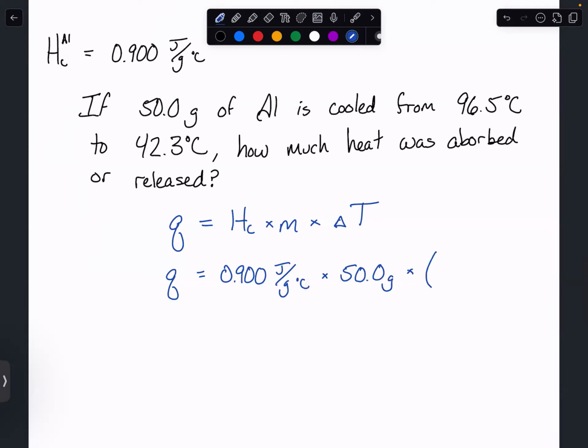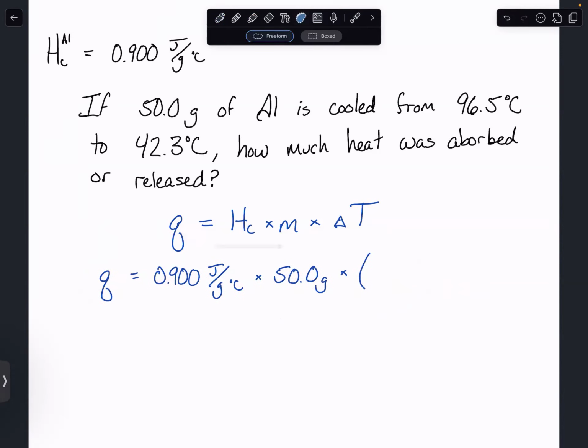And then we have this change in temperature. Do I need to convert my temperature to Kelvin? No, this isn't a gases problem, so we don't have to worry about that. And we can always check because our units are given to us here in our problem, in our specific heat capacity that we used. That's a gases thing. But we are going to take 96.5 and subtract 42.3.